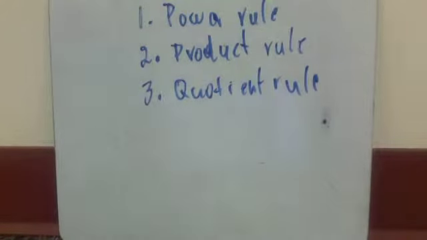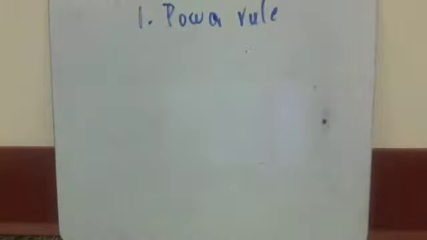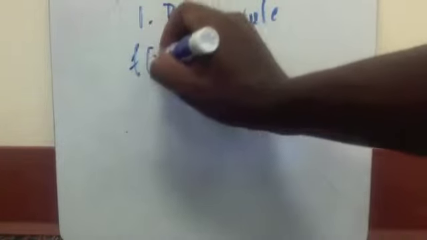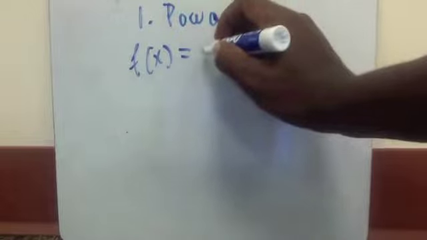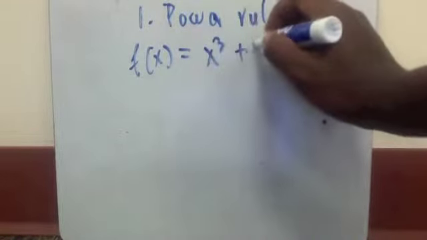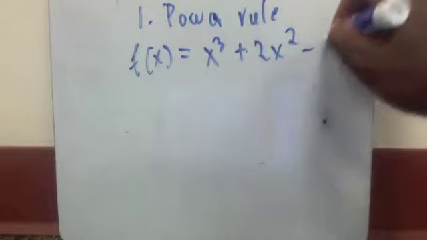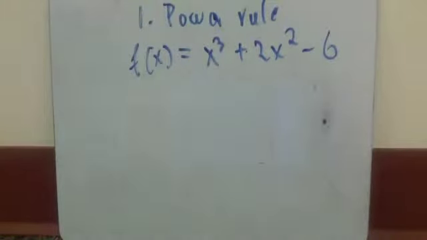Now, let's start with the power rule. The power rule states that if you have a function f of x, for example, equal to x cubed plus 2x squared minus 6, in order to find the derivative, you bring the exponent of the variable down to its coefficient, and then subtract 1 from that exponent.